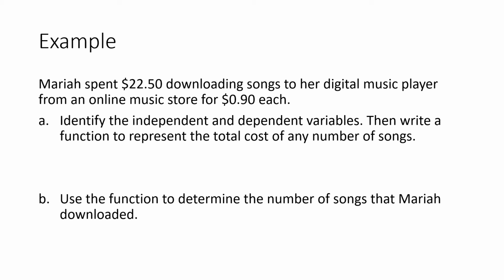Well, if we think back to some of our other word problems, we know how we're going to get $22.50. We're going to multiply the number of songs she downloaded by 90 cents. So which is dependent and which is independent? Well, since the total cost depends on the number of songs purchased, the total cost, or C, is the dependent variable, and the number of songs purchased is the independent variable.